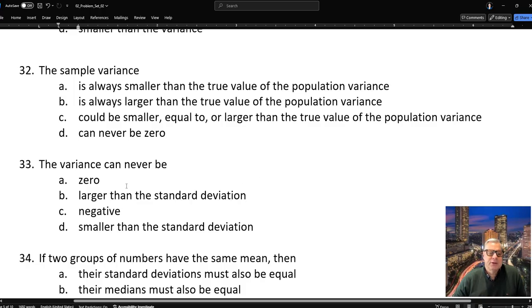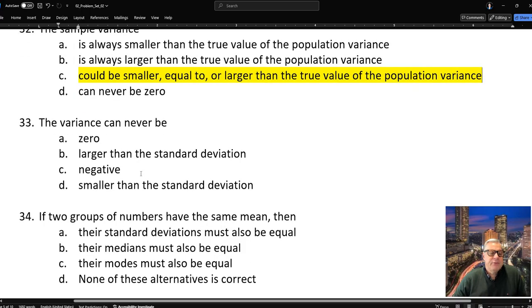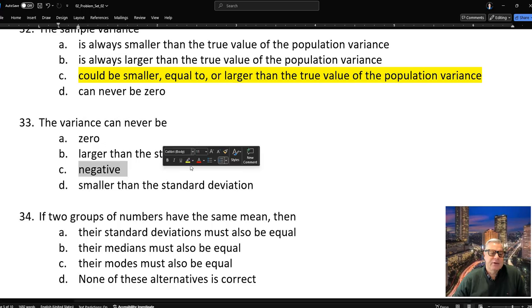Now, it could be smaller, equal to, or larger than. The variance can never be 0. No, it can be 0. Can never be negative, though. No, the variance can never be negative either.